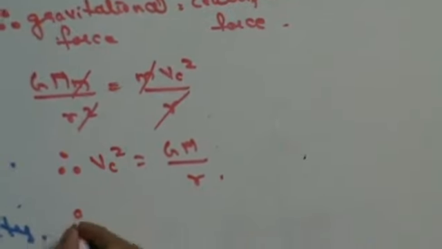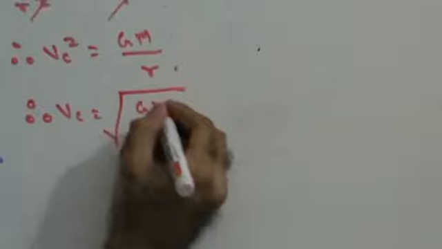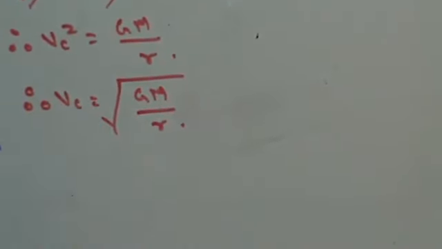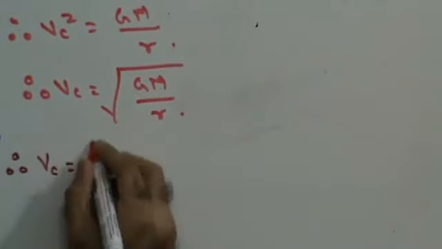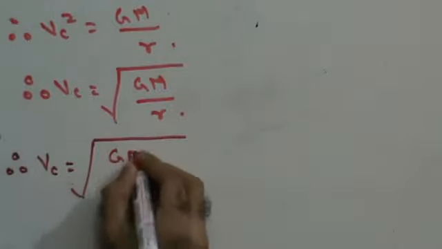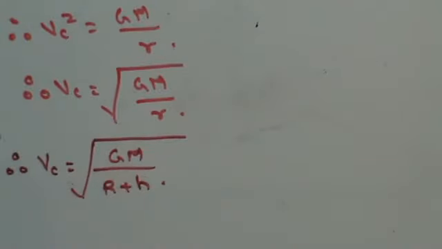Therefore, I can say that Vc is square root of GM upon r. But r is nothing but R plus h. Therefore, Vc is square root of GM upon R plus h, right?